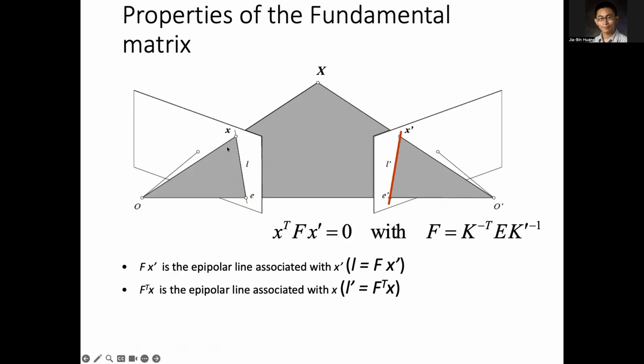And the same thing happens here. If you take F transpose x, it is an epipolar line, a line equation in the right camera, okay? And if you apply the epipole, it will be 0 every time, because the epipolar line must lie on this epipole. Okay?